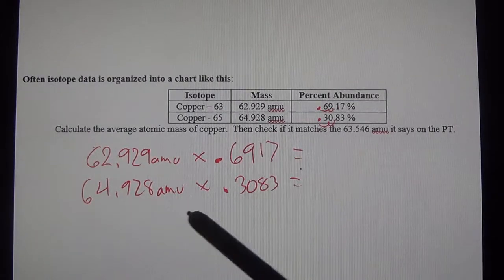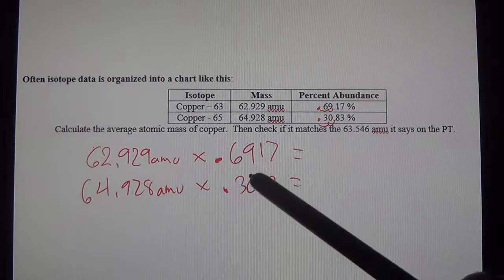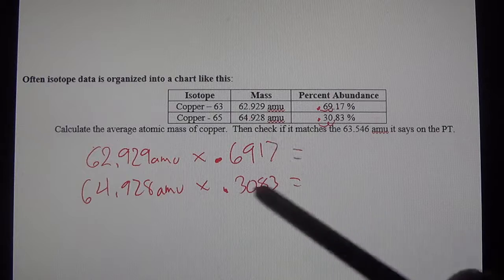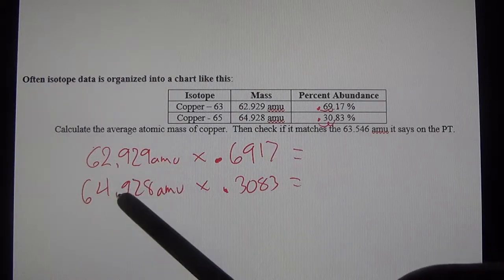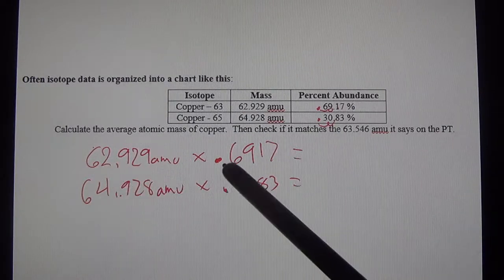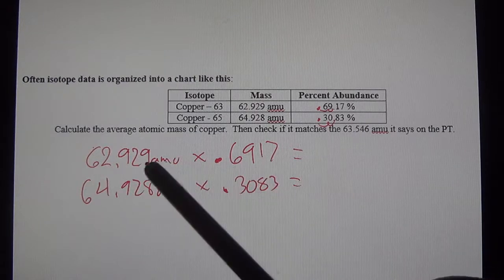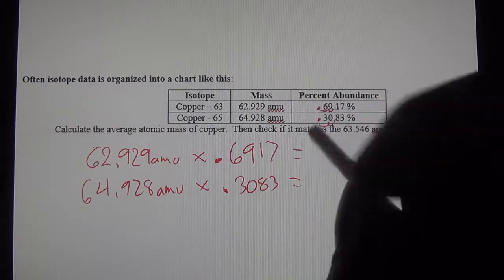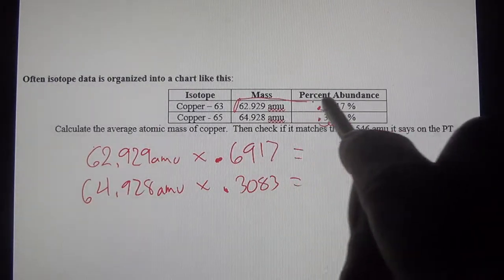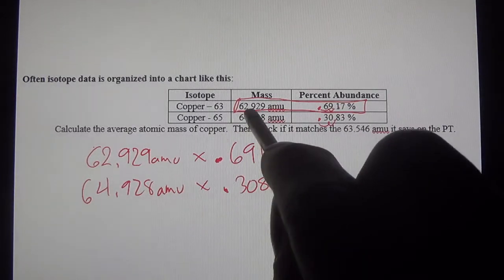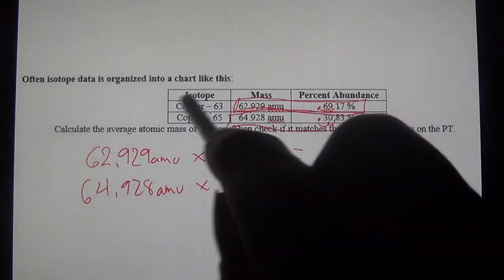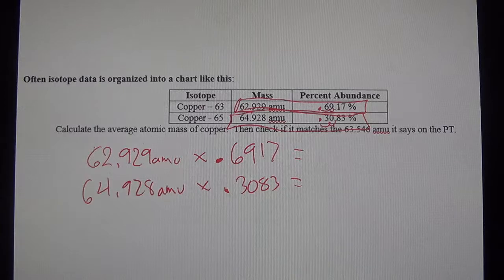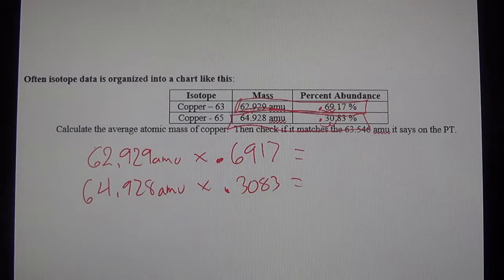And I point this out. Are you yelling at the screen saying, wait, you did the percents first last time and then the masses? Yeah, but it's multiplication. It doesn't matter what order, as long as I keep together one mass and its corresponding percent abundance, and the second mass and its corresponding percent abundance. As long as I keep together the ones that are together, the order won't matter.